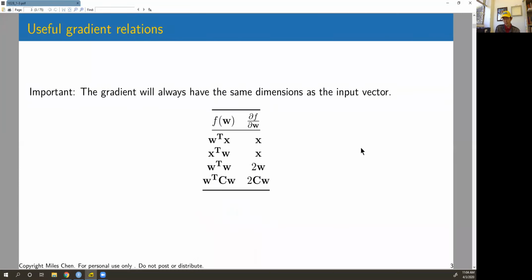On Wednesday, we talked about ordinary least squares, and we talked about finding the gradient. I said the gradient is similar to the derivative, except it's multivariate.